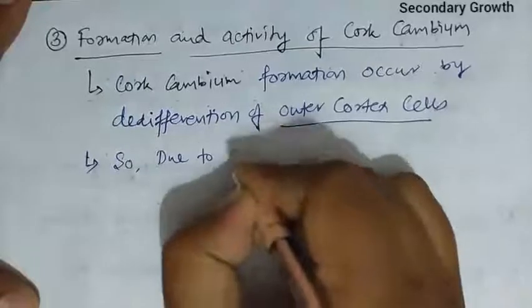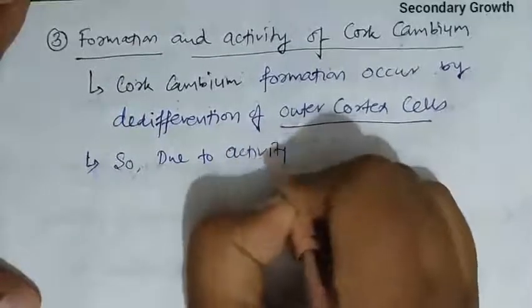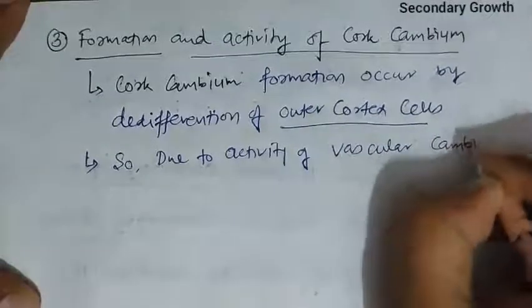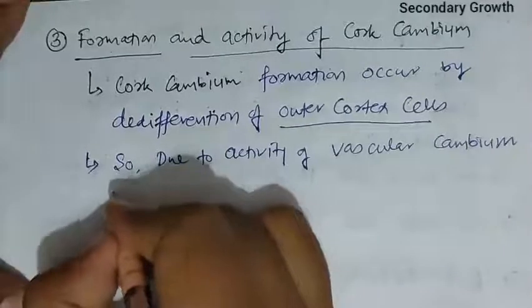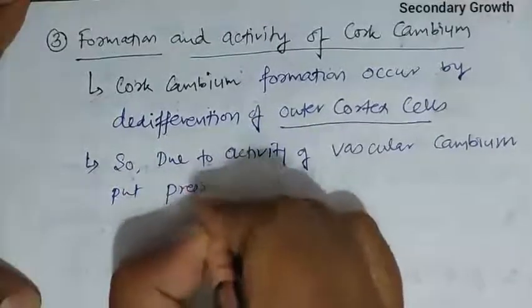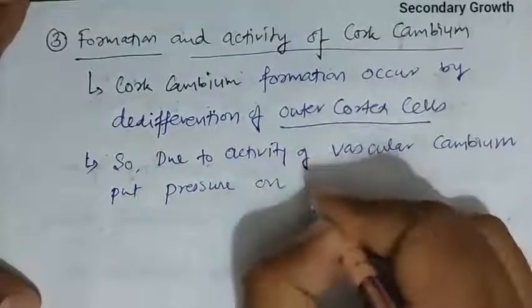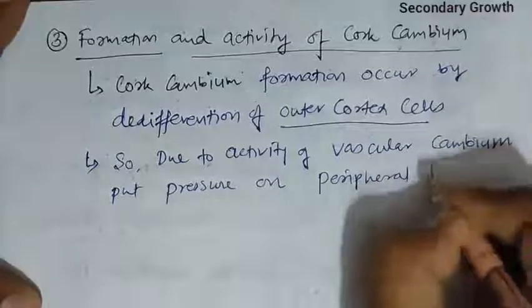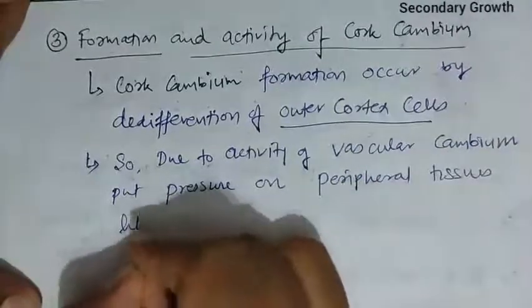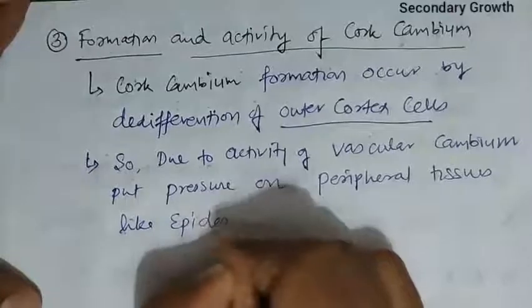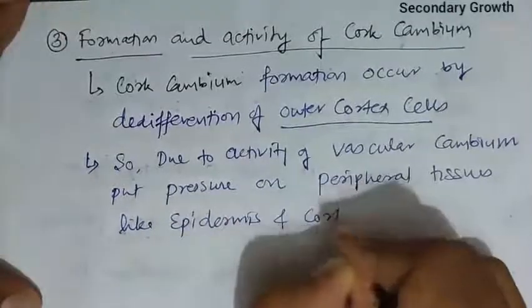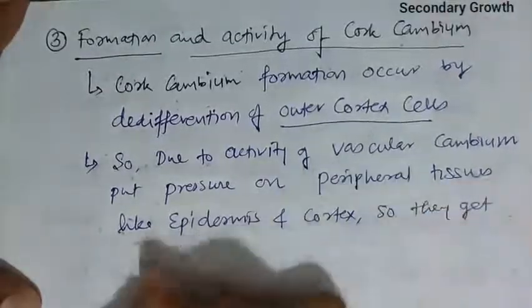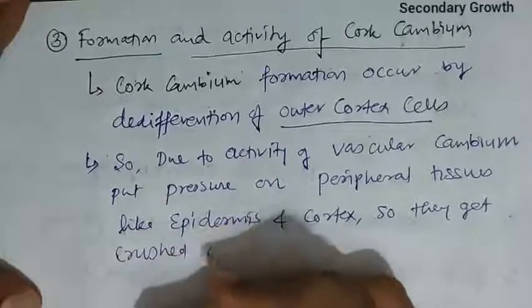Due to the activity of the vascular cambium, pressure is put on the peripheral tissues like epidermis and cortex, so they get crushed or removed.